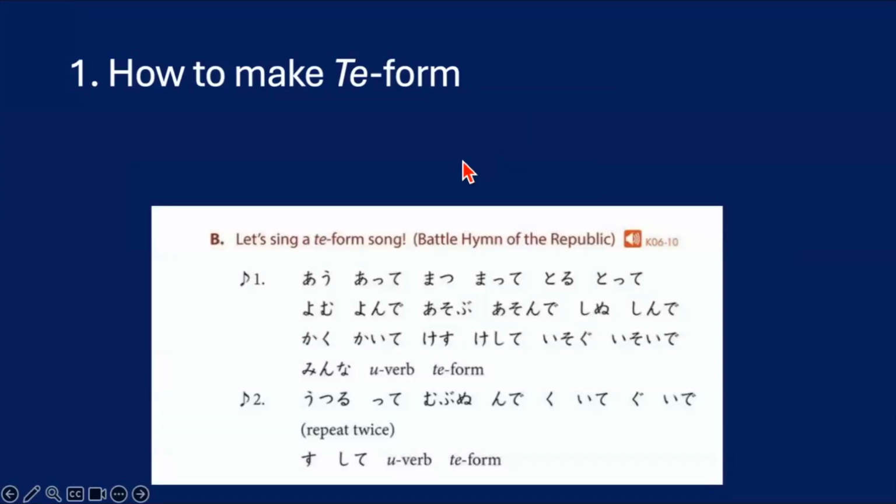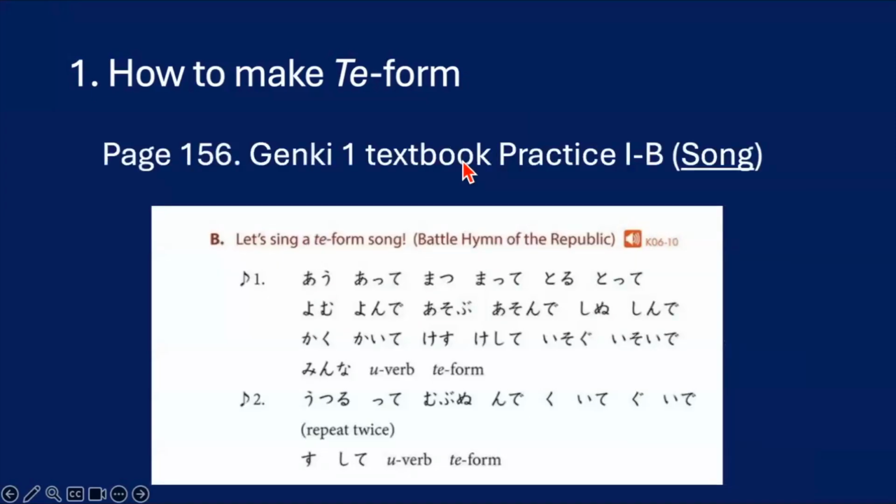So on page 156, that's the start of a practice, and then in practice 1B, there's a song. They made up a song. Let's sing a te-form song. The melody is Battle Hymn of the Republic. Everybody, I'm sure you will recognize the melody.